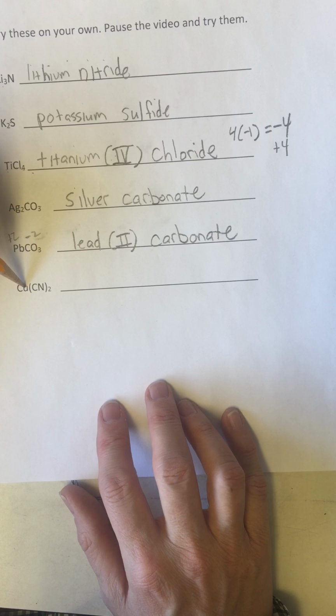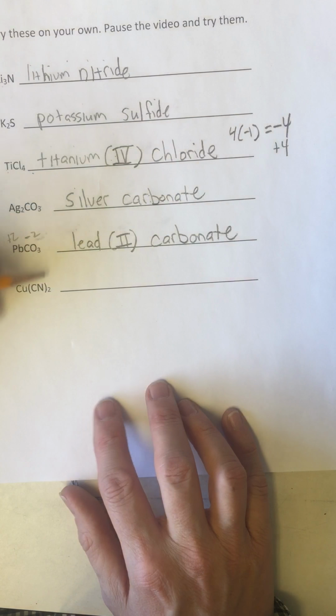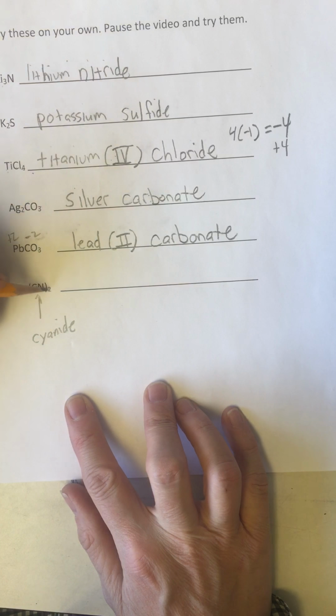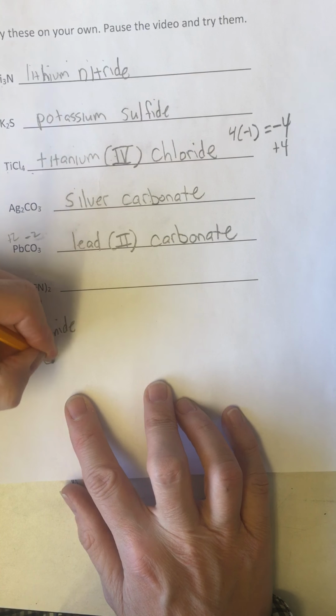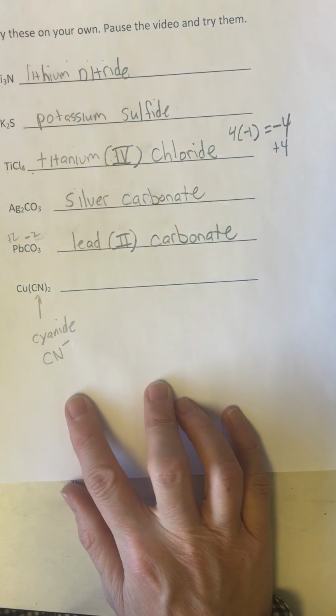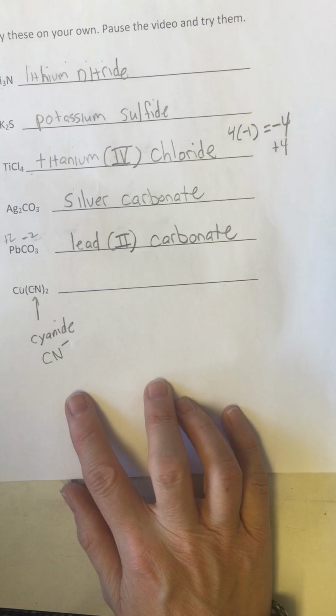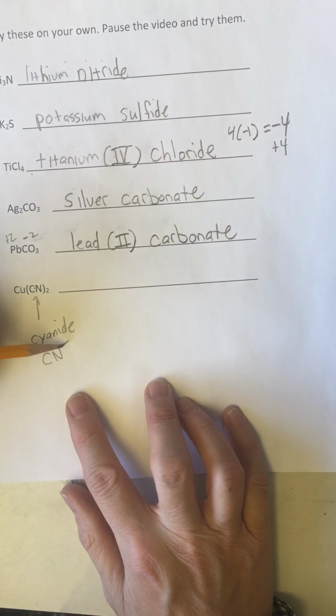Last one here, CuCN2. Okay, well, cyanide, that's cyanide right there. That is one of the 10 that we should know, polyatomic ions. 2 of them, right? And cyanide has a charge of -1. So when you memorize these 10 polyatomic ions, be aware that that's not just what their formulas are, CN for cyanide. You also have to know what their charges are, -1.